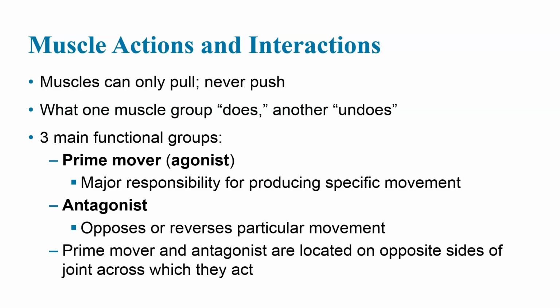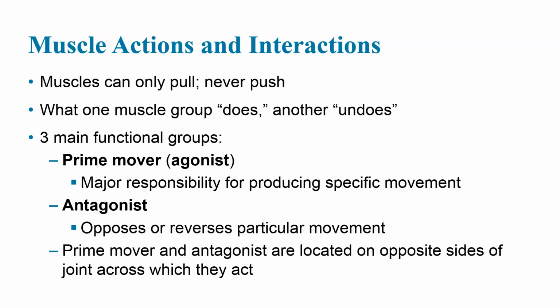The biceps is doing the work, the triceps is not. In order for me to extend my arm, I contract the triceps muscle, that's where the pull is coming from, and the biceps extends. So what the biceps does, the triceps undoes, and what the triceps does, the biceps undoes.